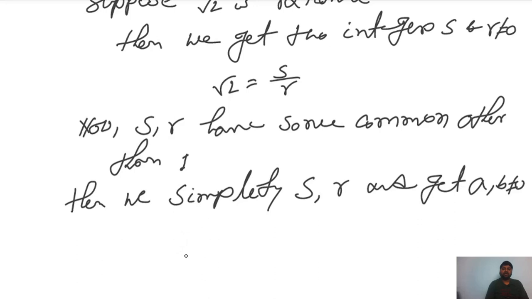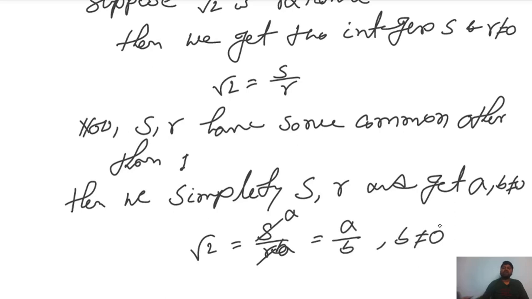So we take root 2 equal to s by r, and after simplifying we get a by b, where b is not equal to 0 and a and b are co-prime.